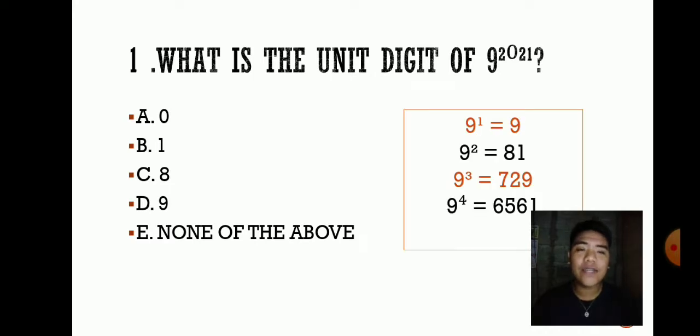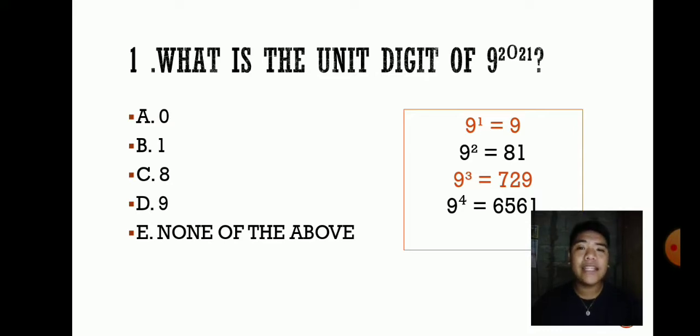When 9 is raised to the power of 1, that is equal to 9. When 9 is raised to 2, that is 81. When 9 is raised to 3, that is 729. When 9 is raised to 4, that is 6,561. So we observe that when 9 is raised to an odd number, that is 1 and 3, their unit digits are 9.